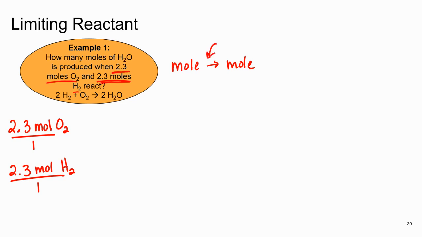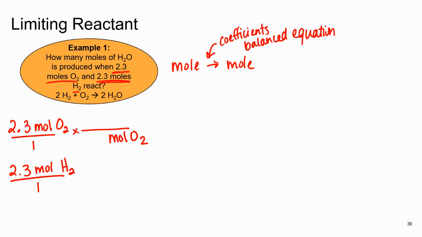So the way that we're going to get there is we're going to use the coefficients from the balanced equation. So in the first problem, let's bring down moles of O2, and we want to get to moles of water. So we look for the coefficient. 2 moles of water are produced when that's an implied 1 mole of O2 reacts.